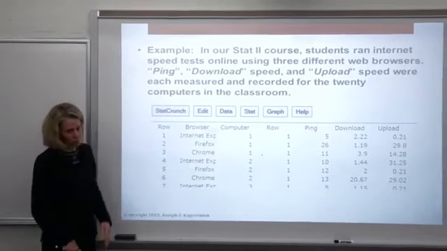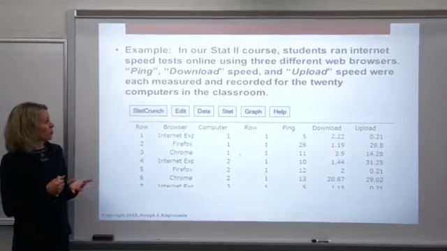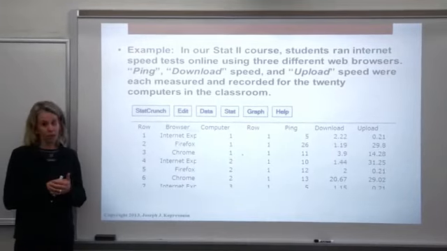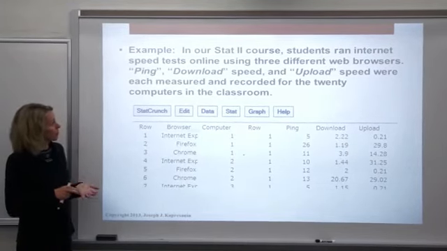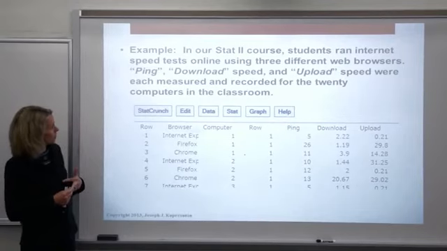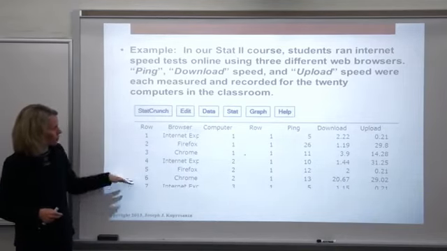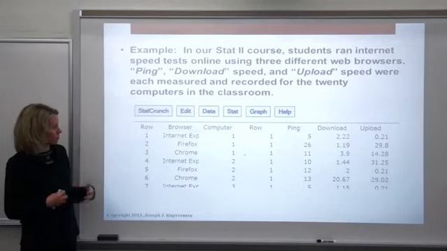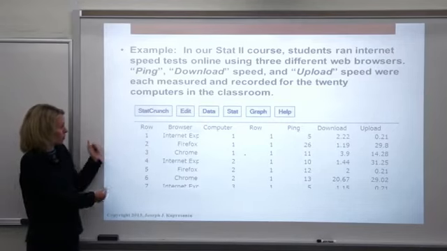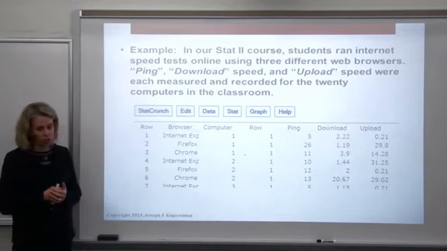All right, let's look at, I think this is the last one. In our Stat 2 course, students ran internet speed tests online using 3 different web browsers. Ping, download speed, and upload speed were measured and recorded for 20 computers in the classroom. And here you have the first couple of rows of the information that was recorded. This is actually straight from StatCrunch, so you can see how this looks very much just like a spreadsheet of data.